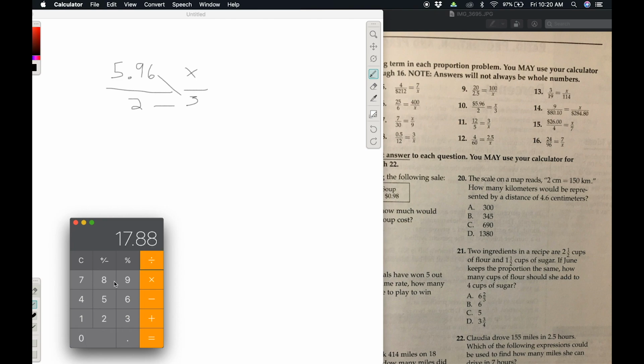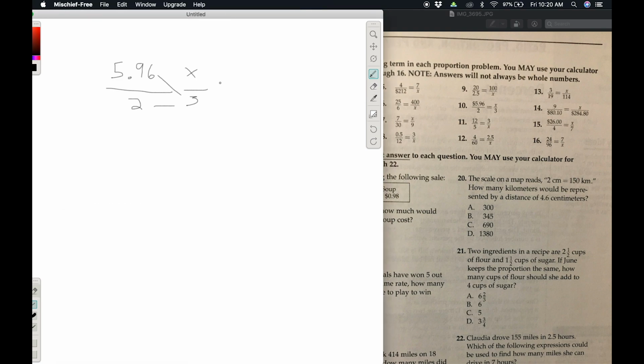So divided by 2 equals 894. Actually, we'll just put x equals 894. X equals 894. That's your answer. Okay.